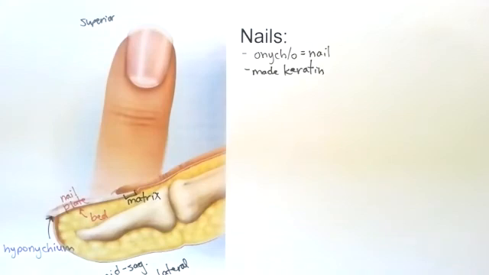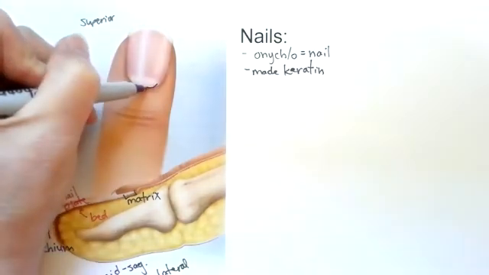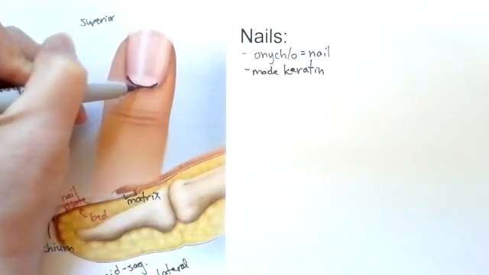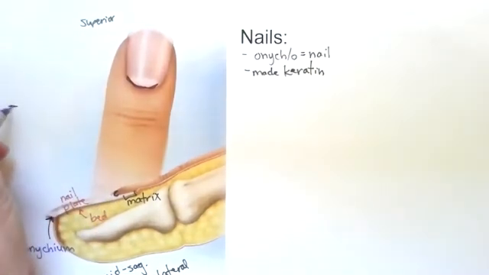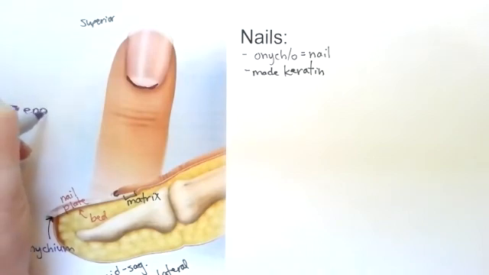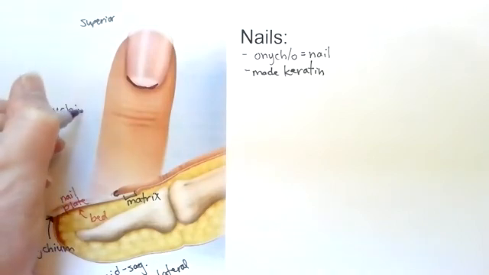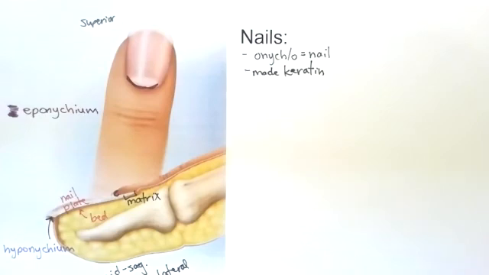Here, and I'm going to color it in, let's do purple. So here and here, I have the eponychium. Eponychium. And you probably call this your cuticle.